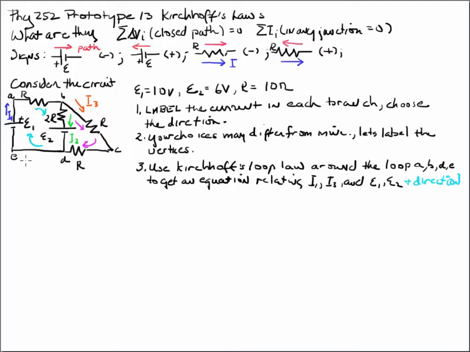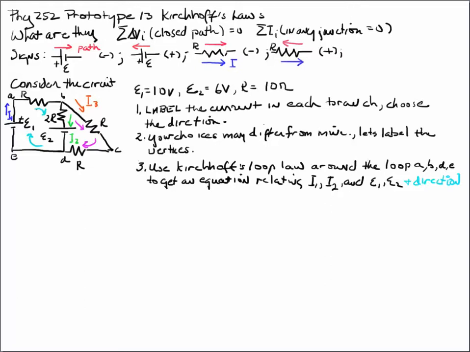Also choose the direction that you're going to go around the loop. That does not have to be the same direction as you've chosen the current. Please note that I have corrected it. In statement 3, it should be I1 and I2.